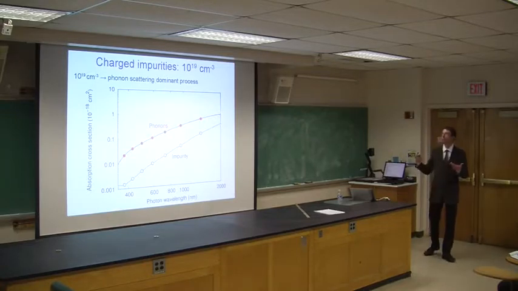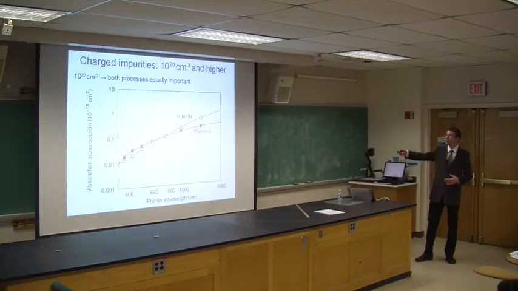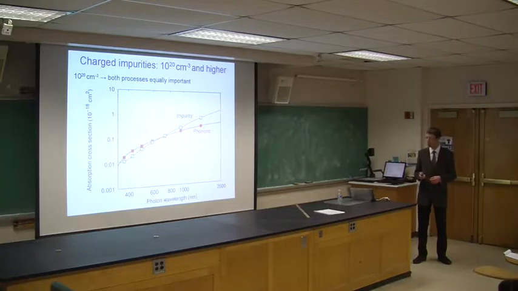Of course, we want to have really high free carrier concentrations. If you go to 10²⁰, you see that both processes become comparable in size. And if you further increase the charged impurities, it will be charged impurity scattering that dominates the absorption.